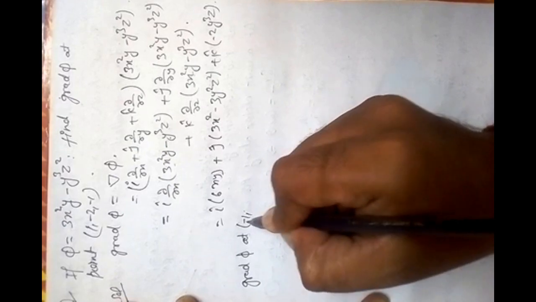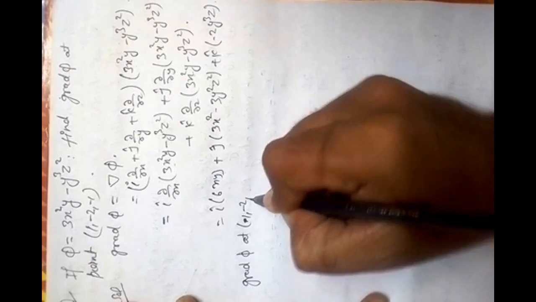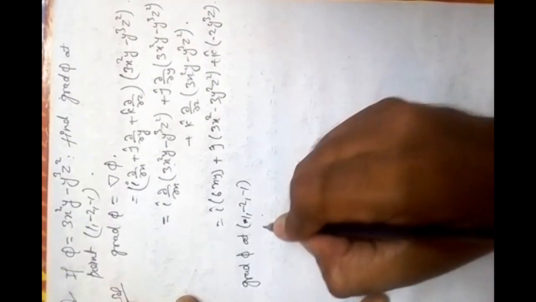Okay, so gradient phi at 1 comma minus 2 comma minus 1.